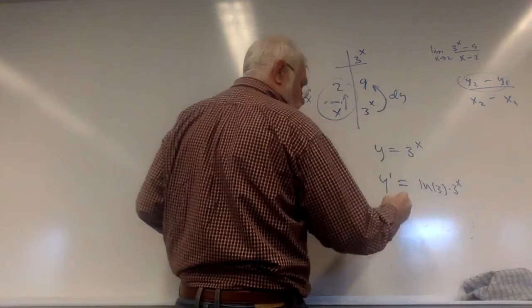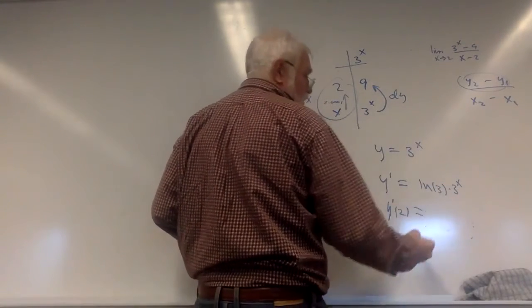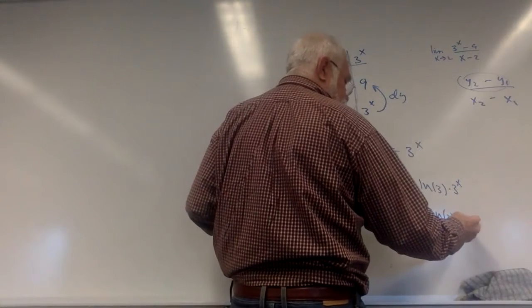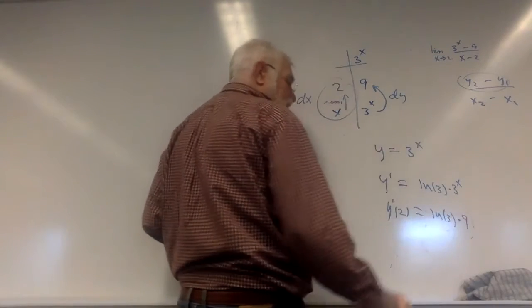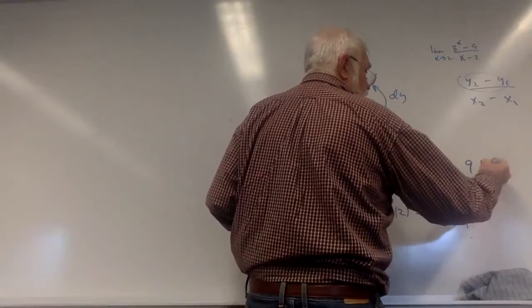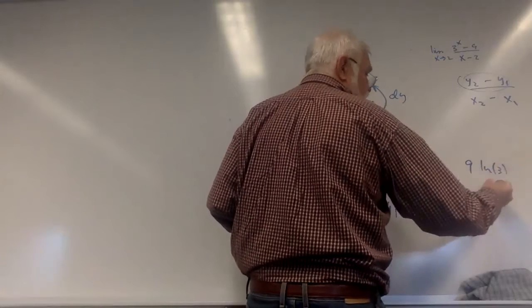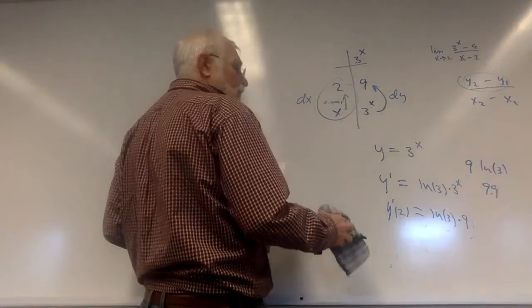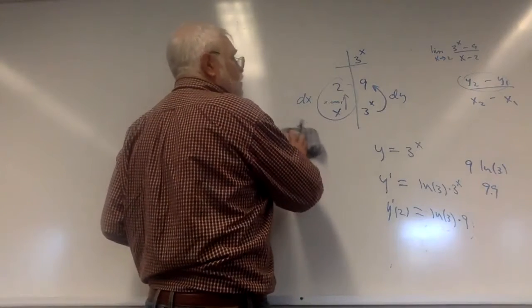So what is y prime at 2? Ln of 3 times 9. 9 ln of 3, which is approximately 9.9. So you're going up at about 10 to 1 for this function as well.